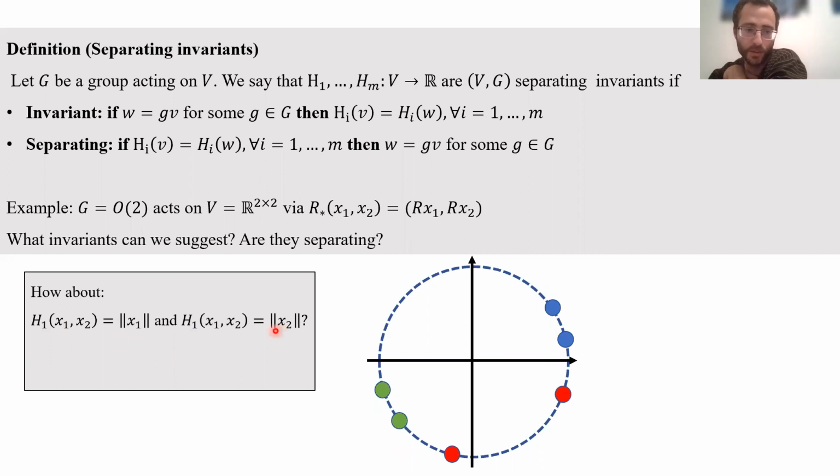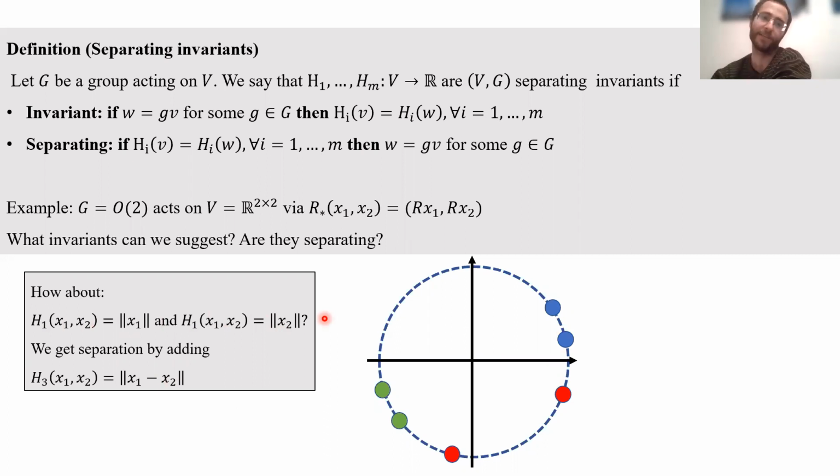So these invariants can't witness that these things are different. However, if we add one more invariant, let's say the distance between the two points, then these three invariants together are separating. So that's an example.